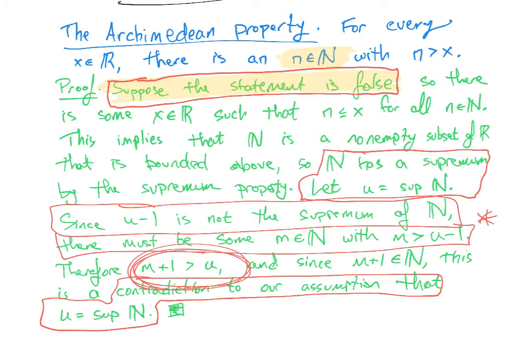The only thing x is doing for you in this proof is giving you the initial bound so that you can use the supremum property. We got this bound on all the natural numbers, and then we got to use the supremum property. That's all x did for us, and we argued our contradiction with the supremum itself.